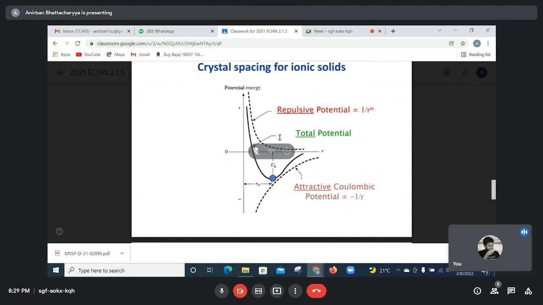Now, what is the other thermodynamic story? A system always tries to minimize its energy. So, given the opportunity, atoms will always be placed at regular periodic intervals. This is why crystals are formed.